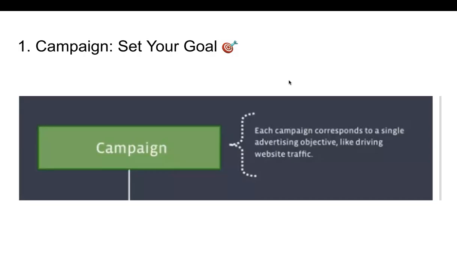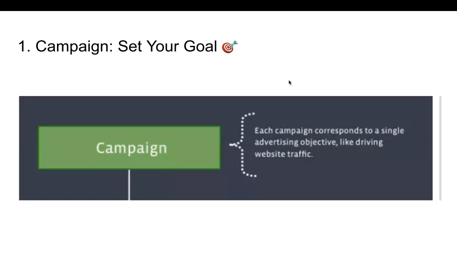So starting out first with campaign. The campaign is at the top level of your ad structure. It's where you choose your main advertising objective, such as traffic, leads, and conversion.